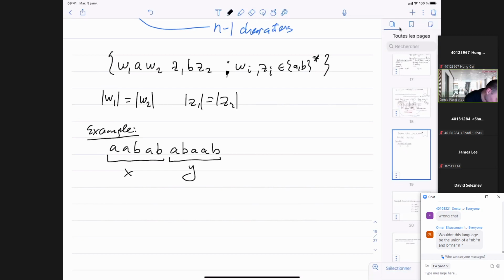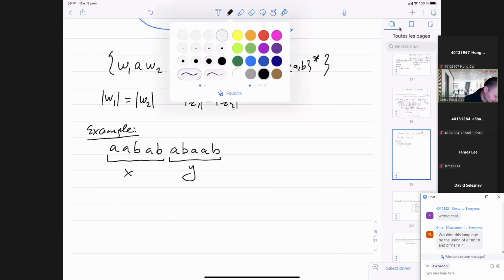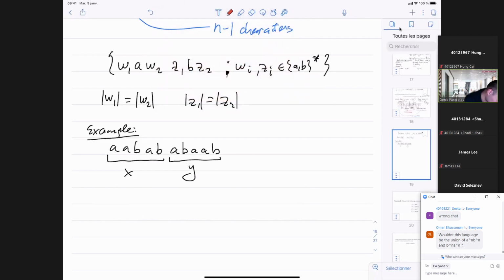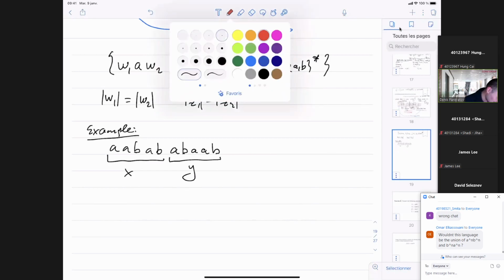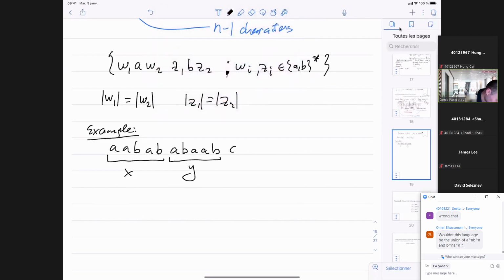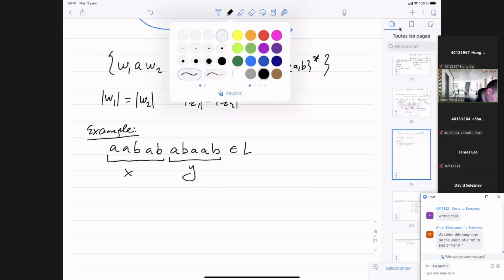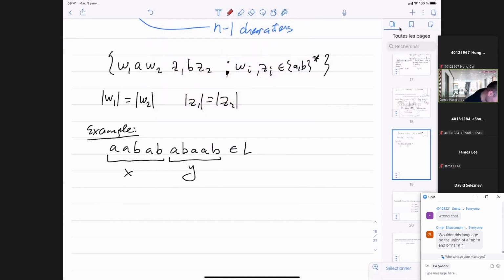So this is one decomposition. And why is this string in our language L? Well, it's because for this decomposition XY, we have that the second characters are different.